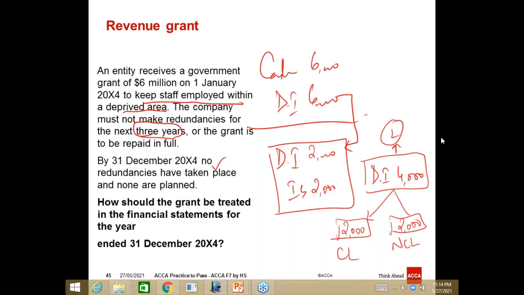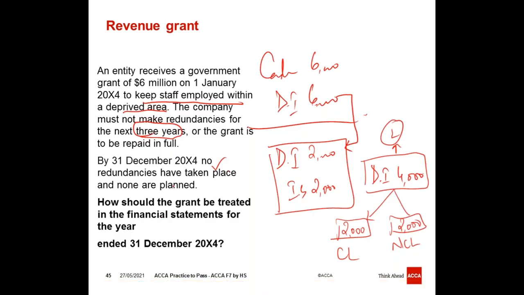I didn't get your question. Yes, we do have to split the deferred income into current and non-current liability. Should I move forward?